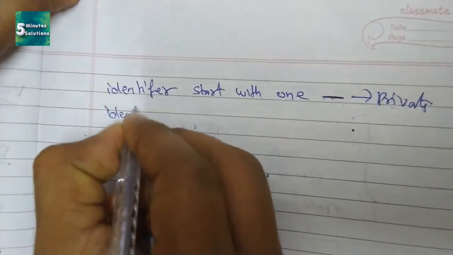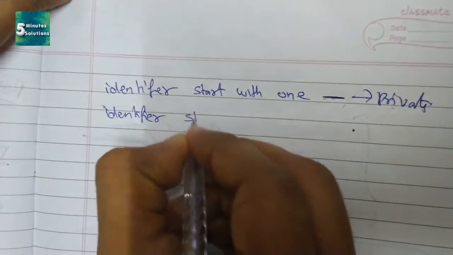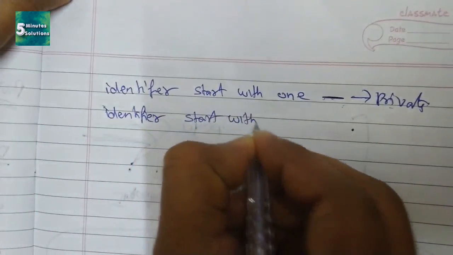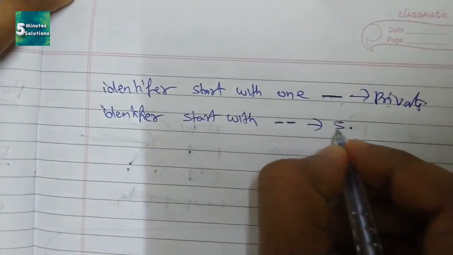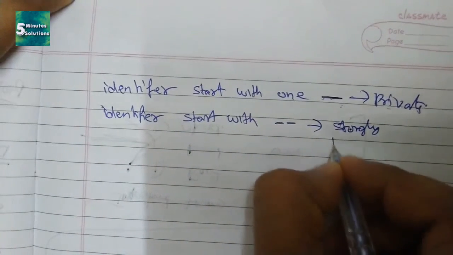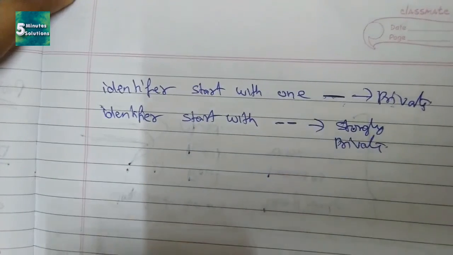And if an identifier starts with two underscores, then it is strongly private.